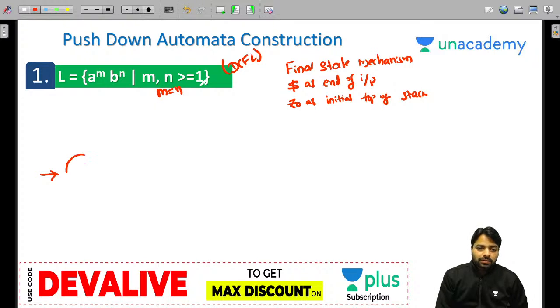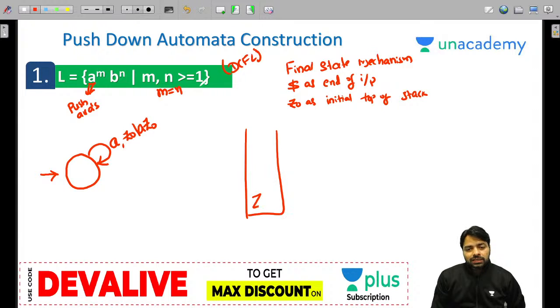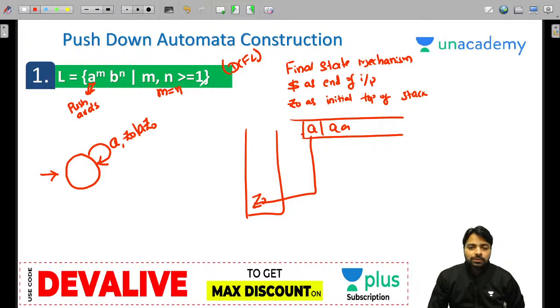Push every A, push all A's, but how? It's just like, for every A push one A: A comma Z0 slash A Z0. What will happen? If Z0 is there and A's are coming on the tape, the first A is going to be kept on the stack.